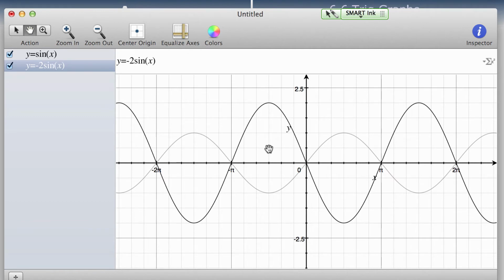Rather than calling it a vertical translation, we give it a name, and that's an amplitude. So in this case, the graph, rather than starting here and going like that, went down. That's because of the negative sign. And it went double as high as this one. So its amplitude is double the amplitude of that graph.